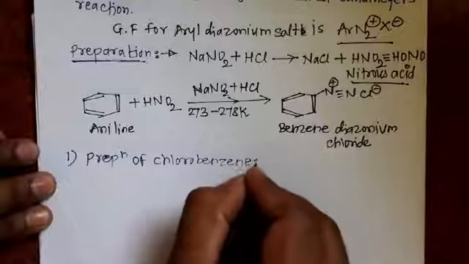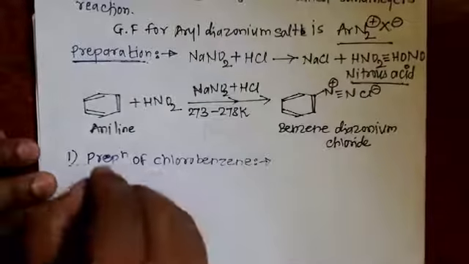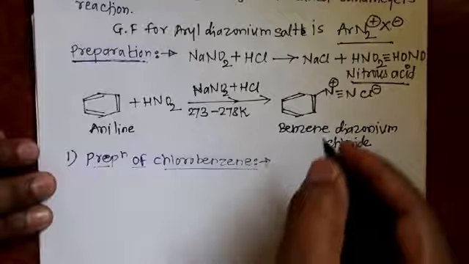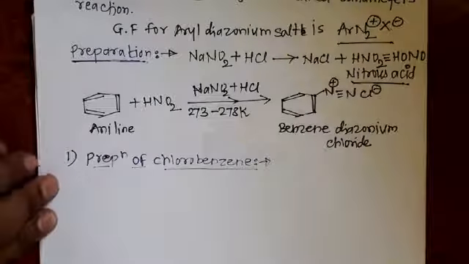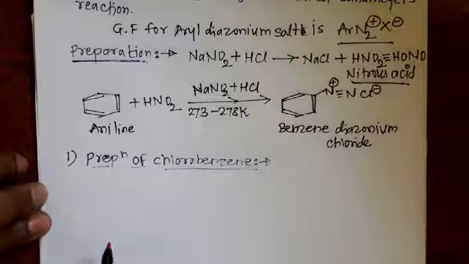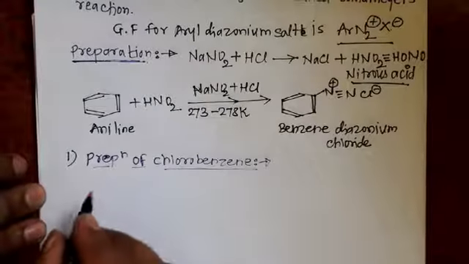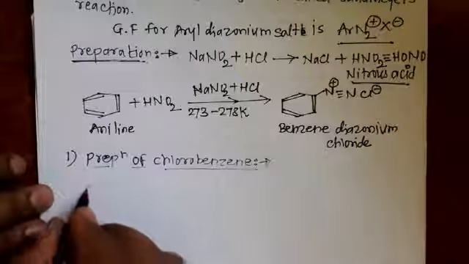Hence here we see the preparation of chlorobenzene by using benzene diazonium chloride. Here we use benzene diazonium chloride as we prepared earlier.